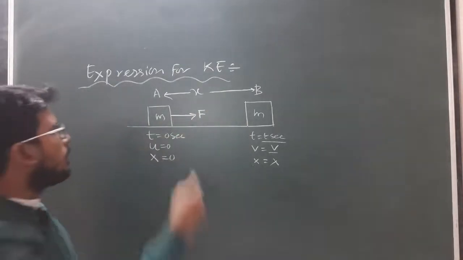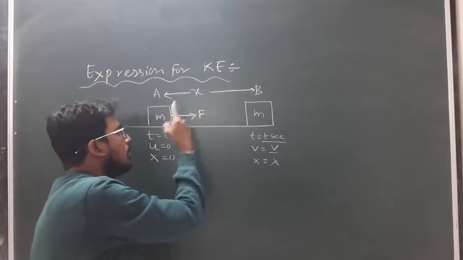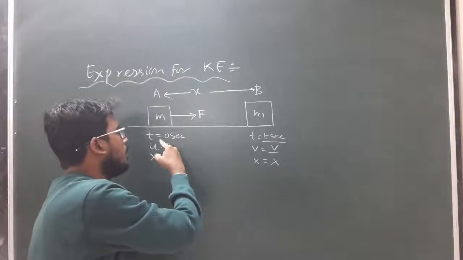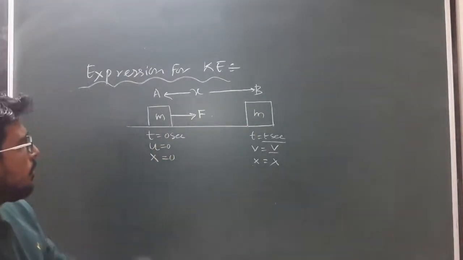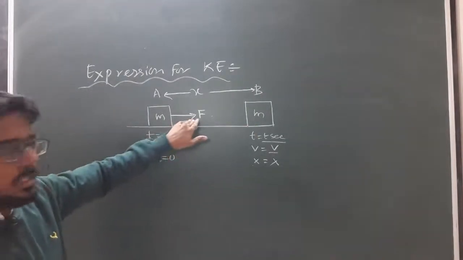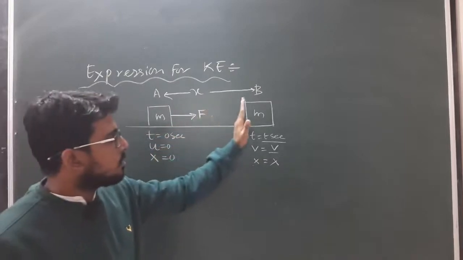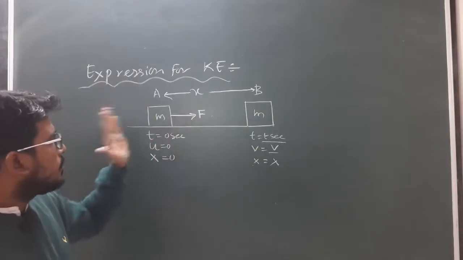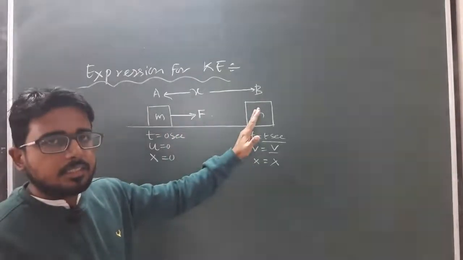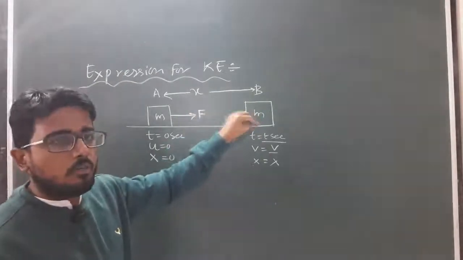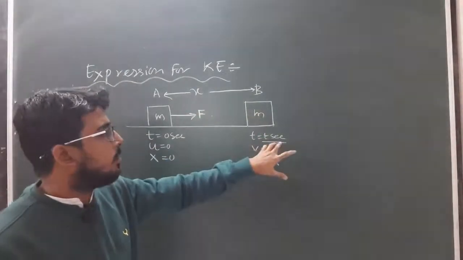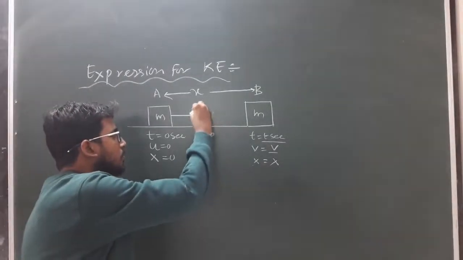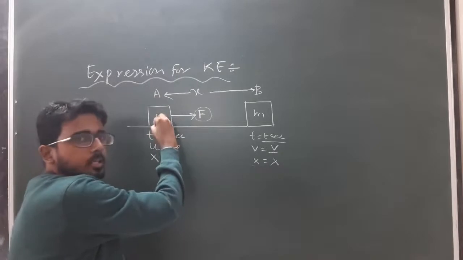So now we have to find out what is the total work done on this block due to this external force. Because the velocity of the block changes: initially the block is at rest, but due to application of this external force, the block has certain velocity v. So due to application of this force F, the block velocity changes and it gets some motion, from rest to now moving at t equal to t seconds. So due to the application of this external force F, the block gains some motion.